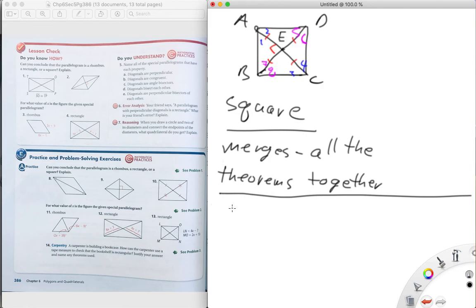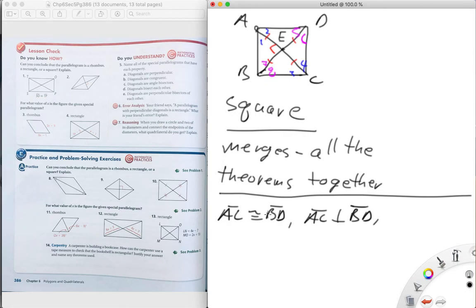They're all merged together. So that means that AC is congruent to BD. We also have that AC is perpendicular to BD.